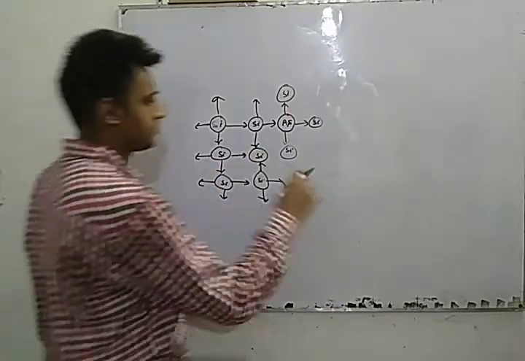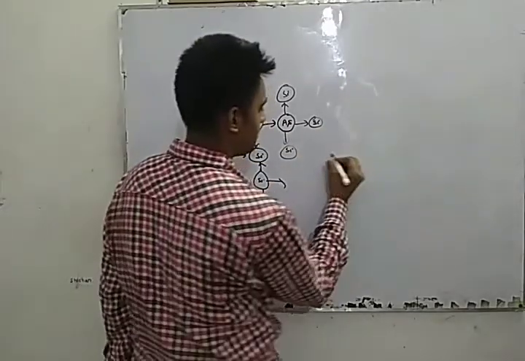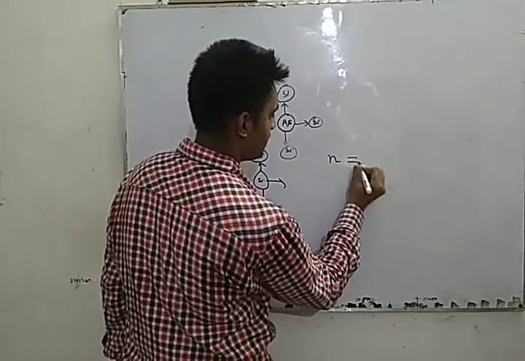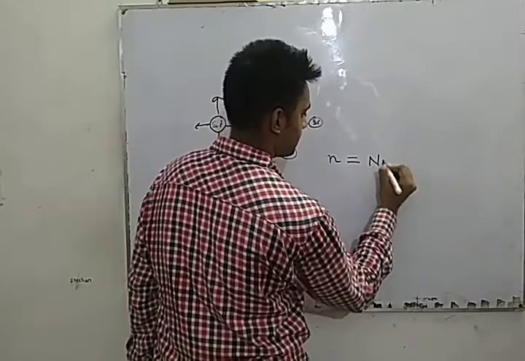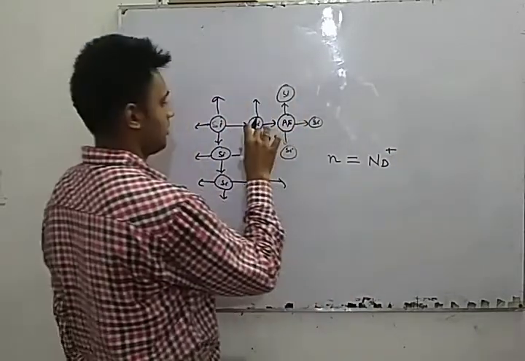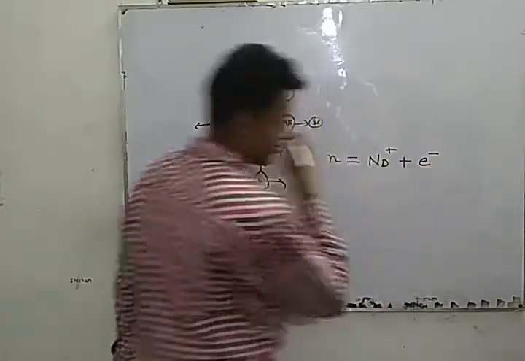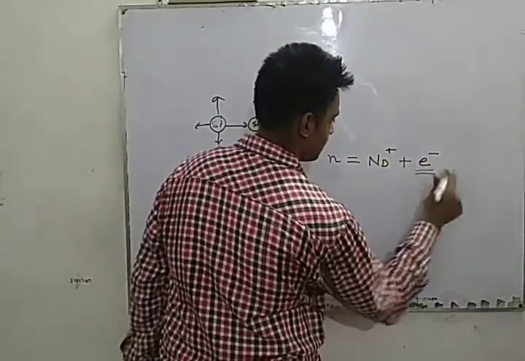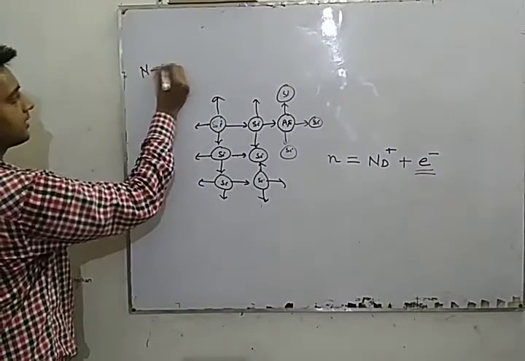Here, as we know, arsenic has a valency of 5. It will give Nd plus electrons. That is the electrons, and that is called the N-type semiconductor.